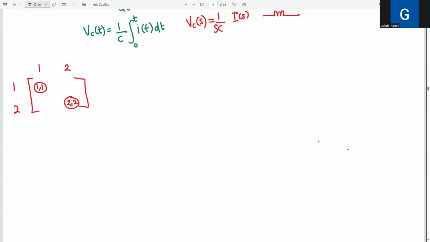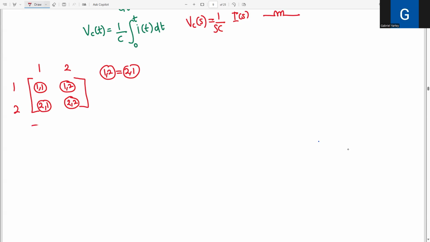Now, position 1,2 is every impedance that is both in the first mesh and the second mesh. And then here, 2,1 is going to be the same as this. So position index 1,2 is the same as position index 2,1. Whatever you find here is the same as here, right?